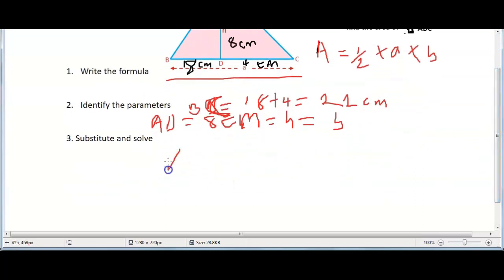So A will be equal to half times 22 times 8, which translates to 88 centimeters squared.